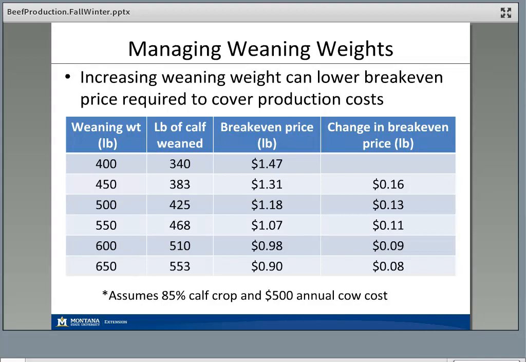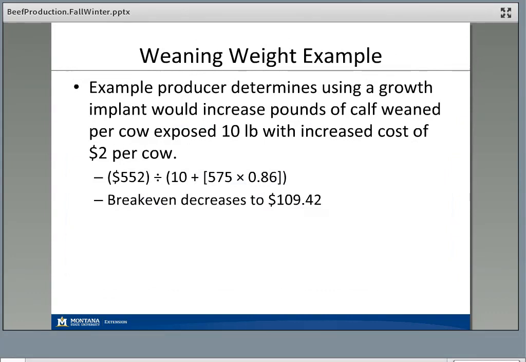Okay, we know that the bottom half of the break even equation is pounds of calf weaned per cow exposed, so we're adding 10 to that, and so our break even actually decreases now to $1.09. So if we were trying to evaluate a decision of should I implant or not, in this particular example, yes you should, because break even is less.